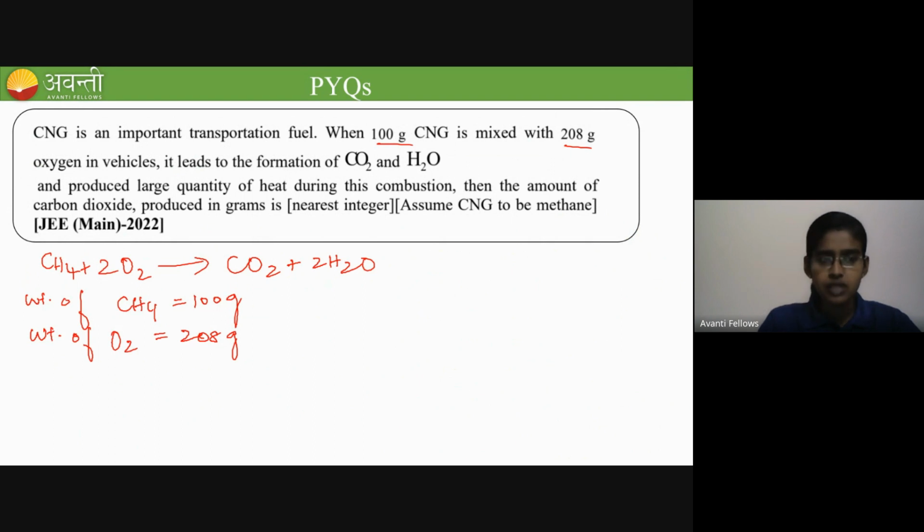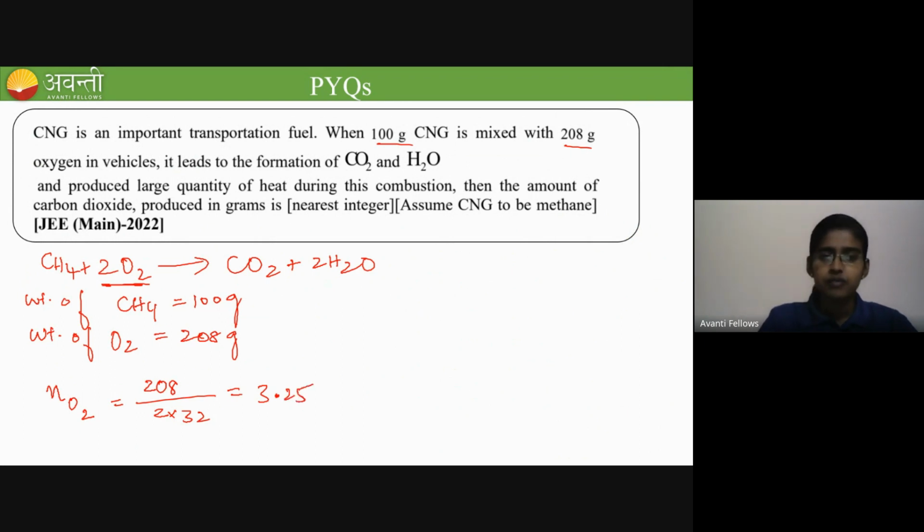To find the number of moles of oxygen, number of moles is mass by molar mass, right? The given mass is 208 and the molar mass of oxygen is 32. But here 2 moles of oxygen is reacting, so 2 into 32, which is 64. If we solve this, we get 3.25. This is the number of moles of oxygen.